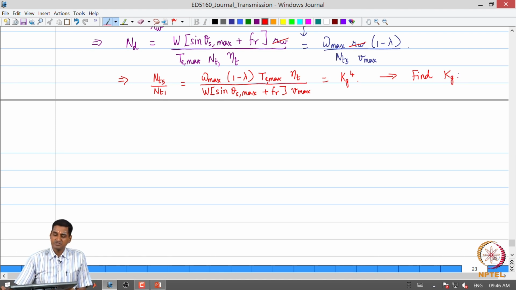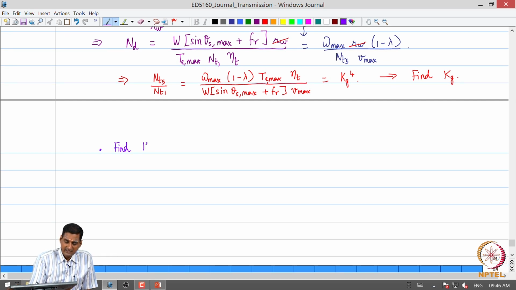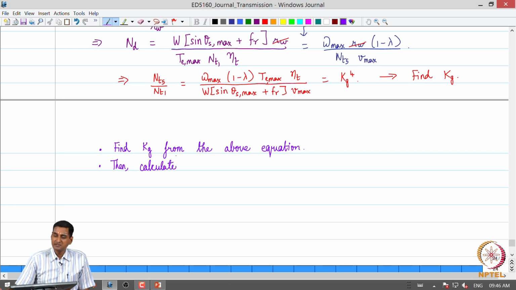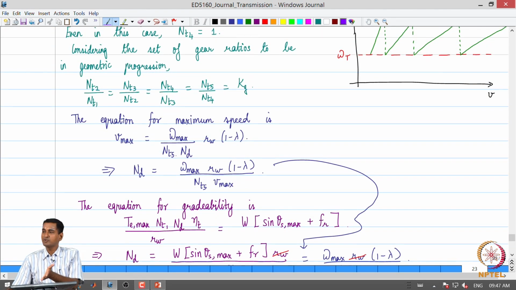So, find K subscript G, right. So, now the solution is obvious. Find K subscript G from the above equation. Then, once we know K subscript G, what do I do? I go back to this geometric progression.